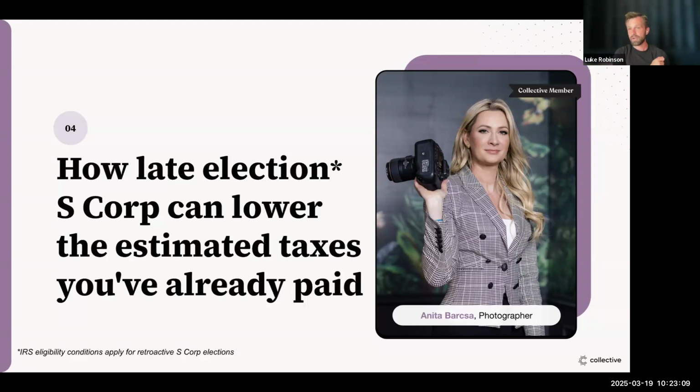If we backdate your S Corp election to January 1st, that means that we're retroactively lowering your tax bill. So, whatever estimations that you've made will lower, and you'll get that money back in a refund at the end of the year. So it's okay if you've already paid some taxes based on your current estimations, we can still get that money back for you.